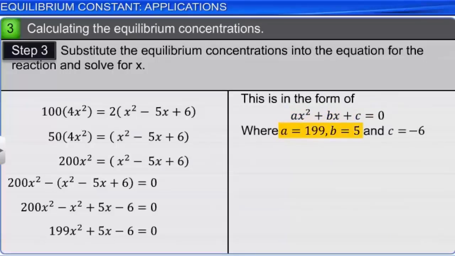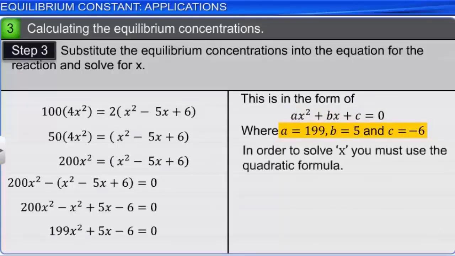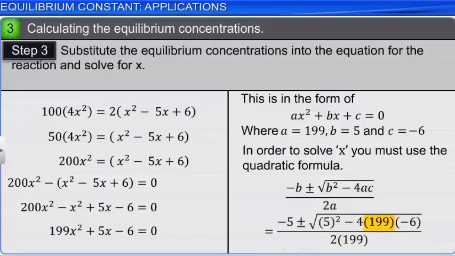In order to solve for x, you must use the formula x is equal to minus b plus or minus square root of b square minus 4ac divided by 2a. On substituting the values of a, b and c in the quadratic equation, we get minus 5 plus or minus square root of 5 square minus 4 multiplied by 199 multiplied by minus 6 divided by 2 multiplied by 199.